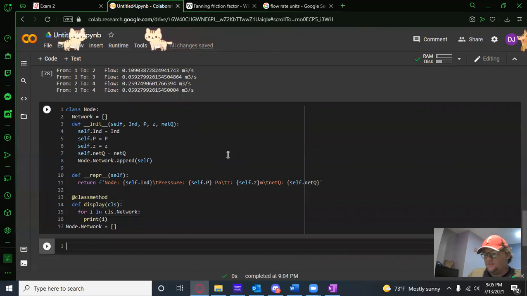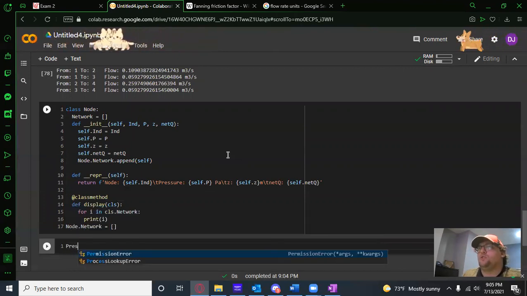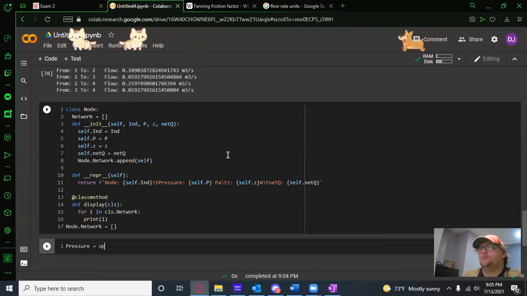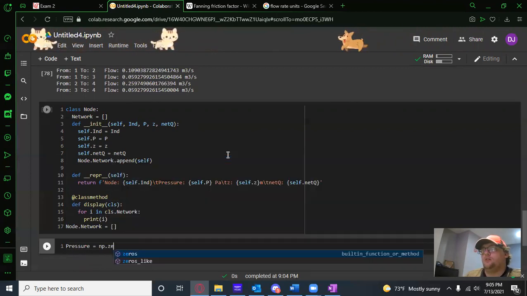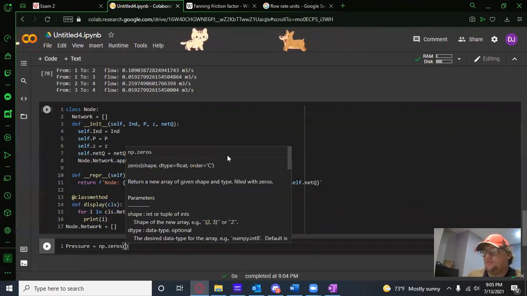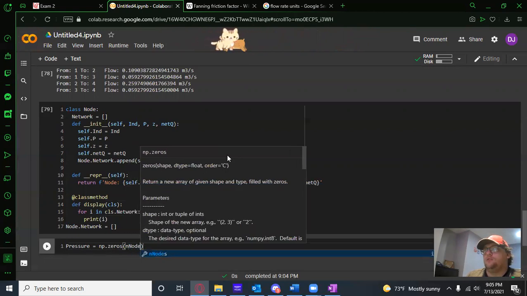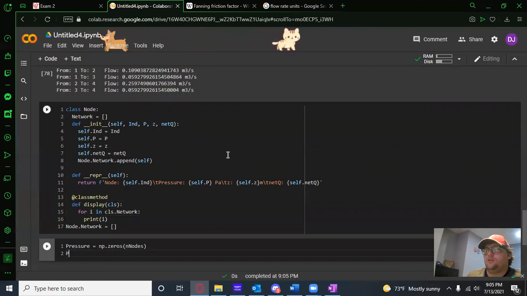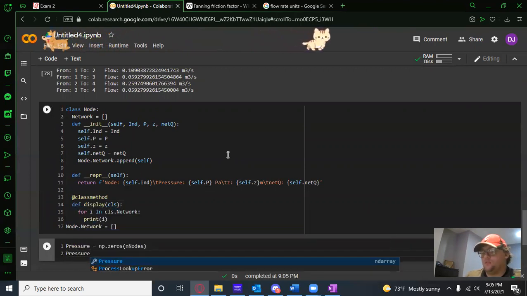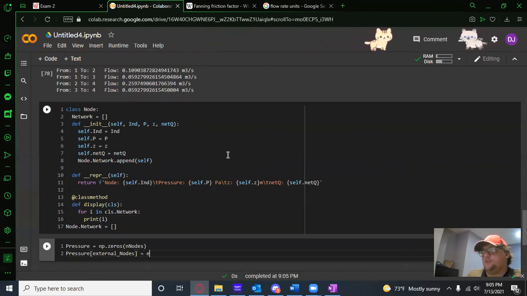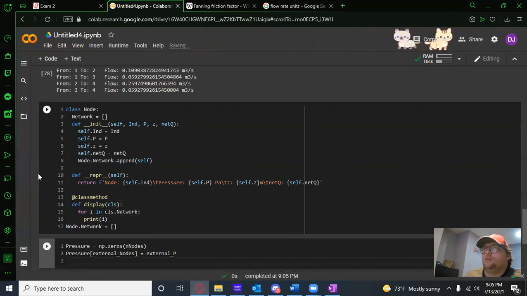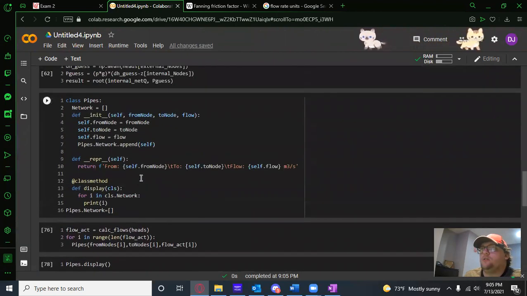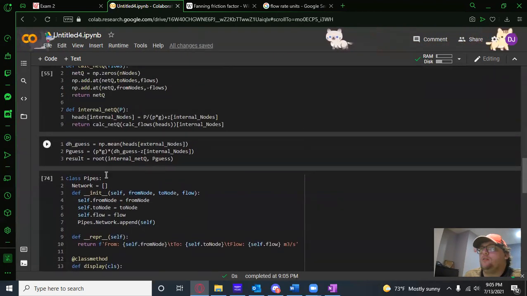So all we've got to do now is get the pressure into an array. Zeros, number of nodes. And the pressure for the external nodes is going to equal external P. And then did I save the, yes I did, okay.